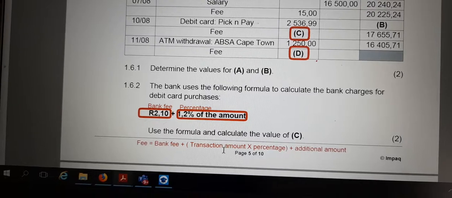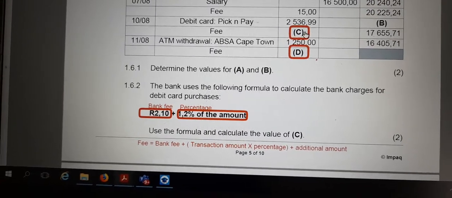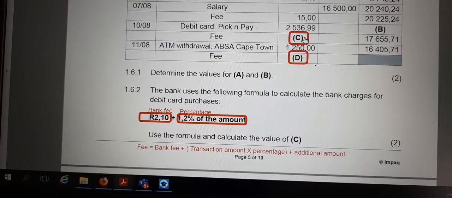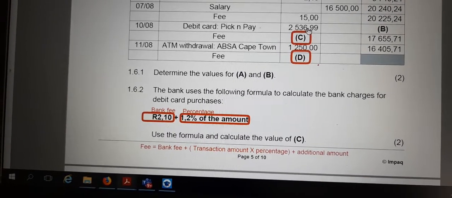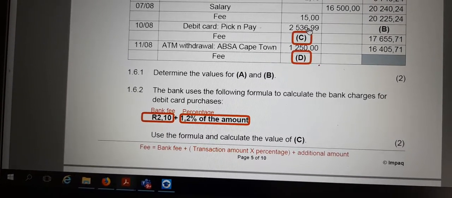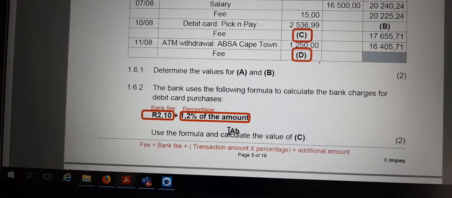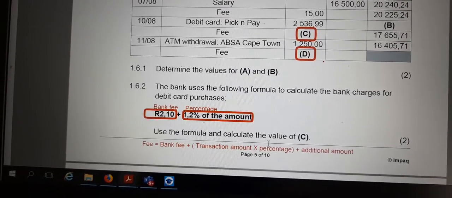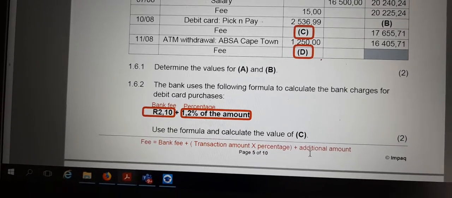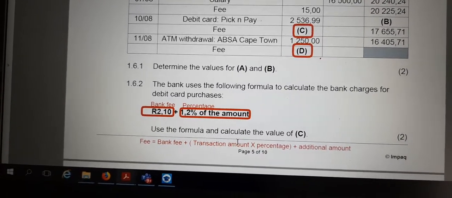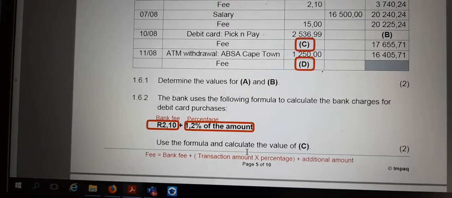And what is the transaction amount? The transaction amount will be the one that is at the top. You see, now this is the transaction amount. So transaction amount, then I multiply it by the percentage fee, and I add the additional amount, if I have one. I should get the bank fee.